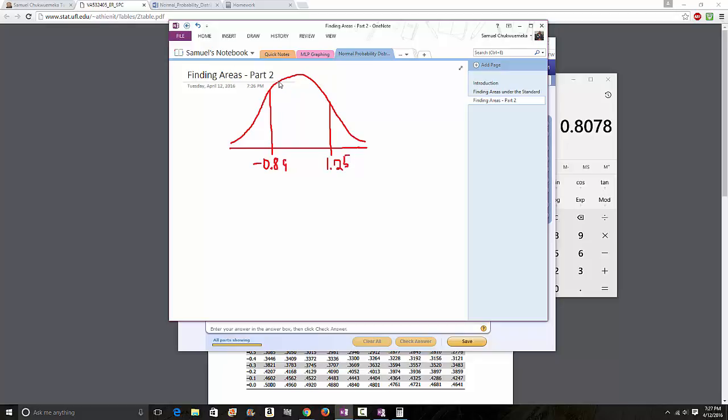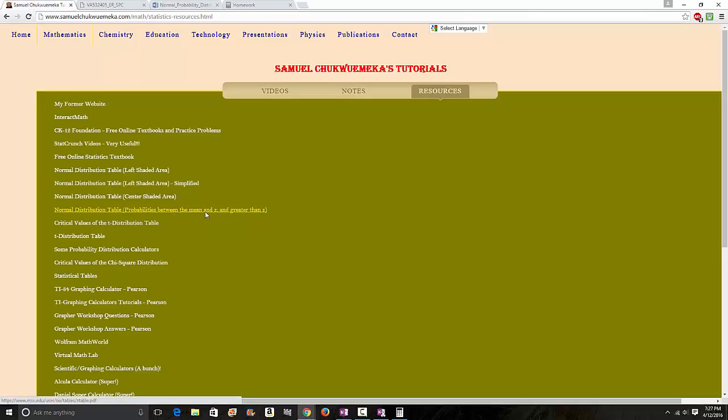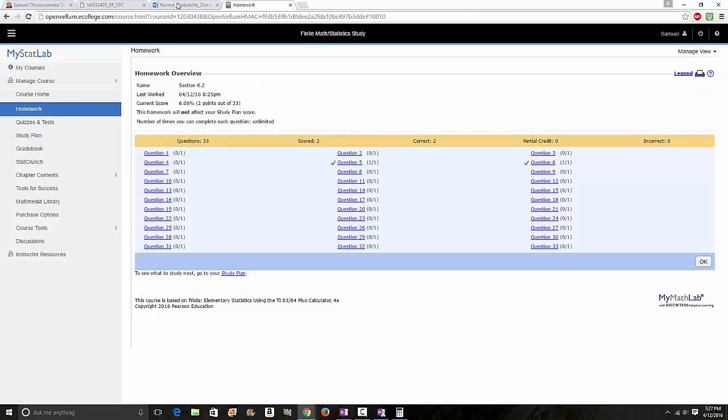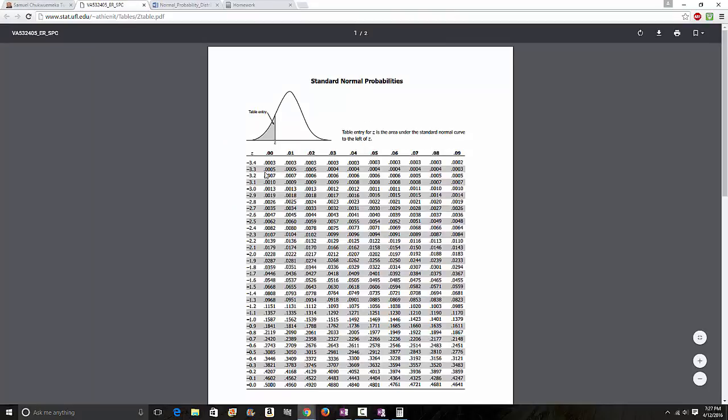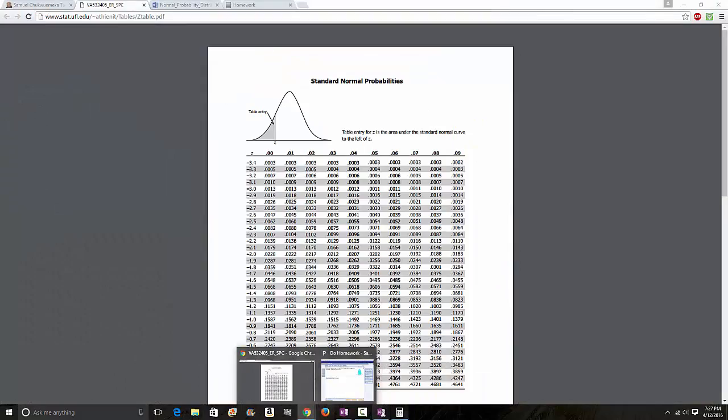Now this is the area they asked us, and we don't have a table that has between. I have it here, you see this, that's what you use, but I don't want to use it. I want to use this left shaded area because that is what most schools will give you anyway.